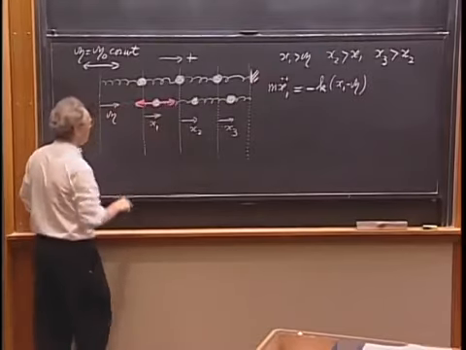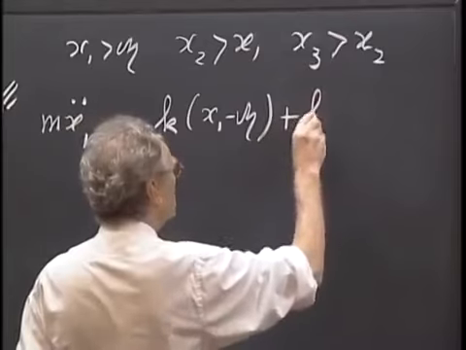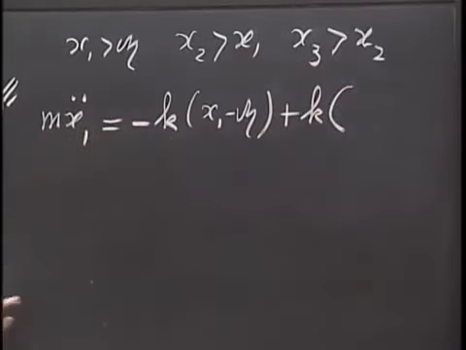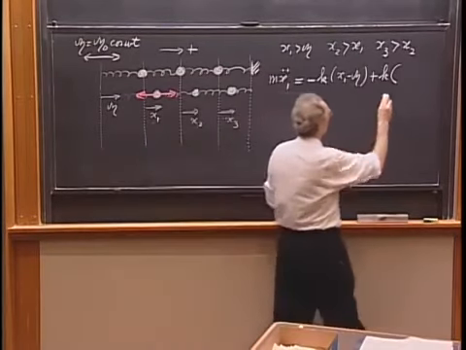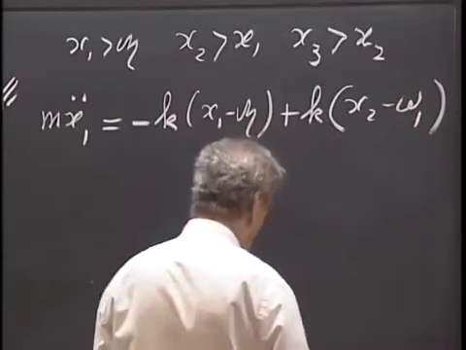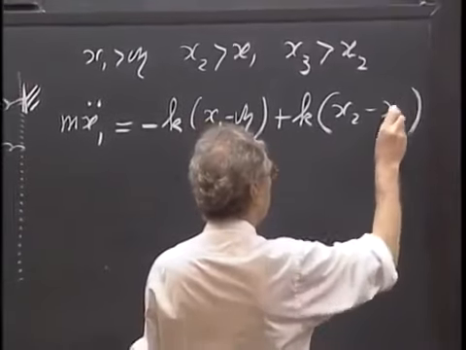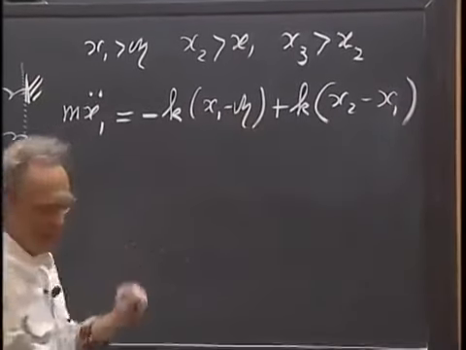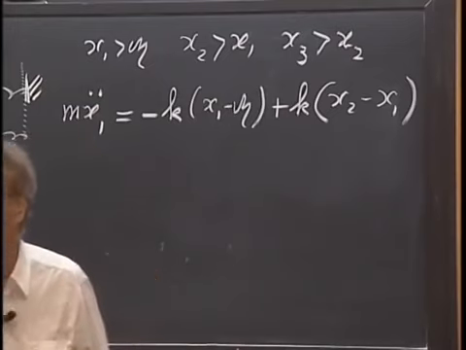And this force is now in the plus direction, is plus k times this spring here is longer than it wants to be by an amount x2 minus x1. Not omega 1, but x1. That's my differential equation for the first object.